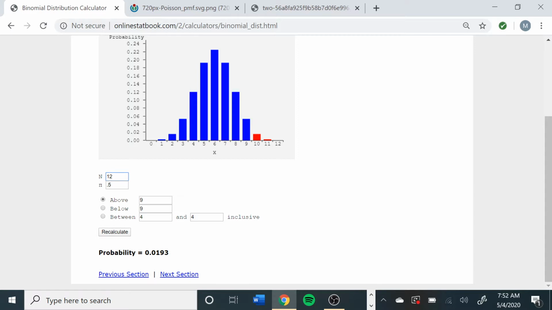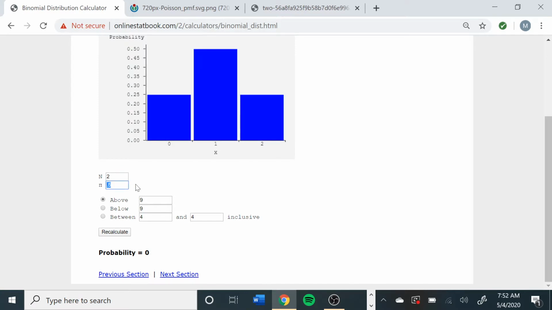What you put in here is the number of trials. If I flip the coin twice, that's two trials, so I'm going to change that to 2. Then here, pi is the probability of success. With a coin, there are only two things that can happen, heads or tails, and you have to decide which of those you want to be a success.